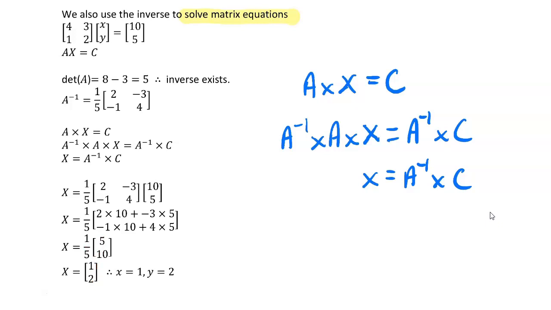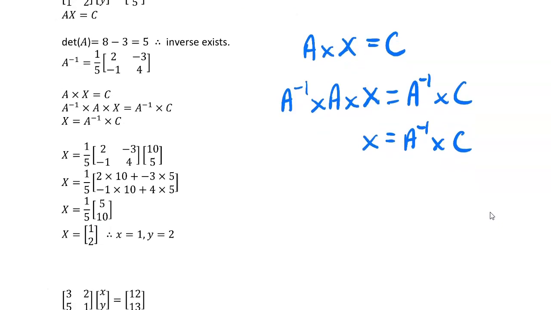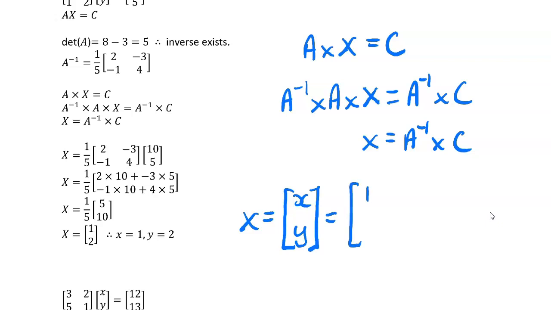Now that matrix is where the X is, remember, X is equal to X, Y, and now we figured out that's equal to 1 on 2. Now remember, when you have two matrices that are equal to each other, that means those elements are exactly equal to each other. So that means X must be equal to 1 and Y must be equal to 2.